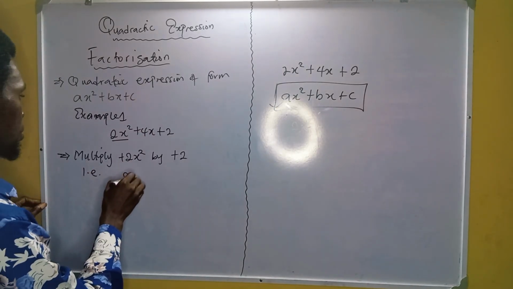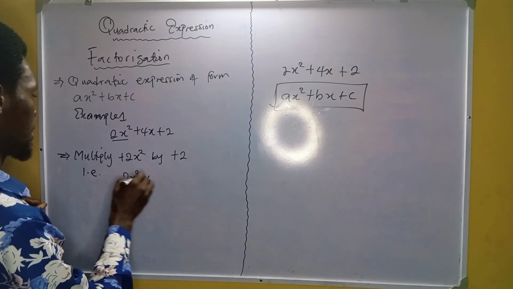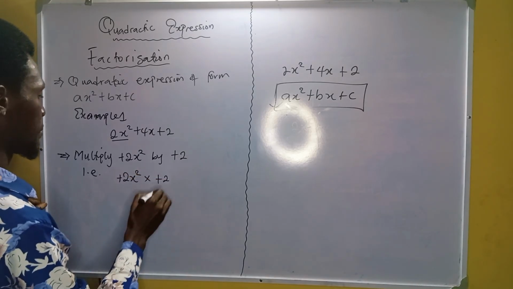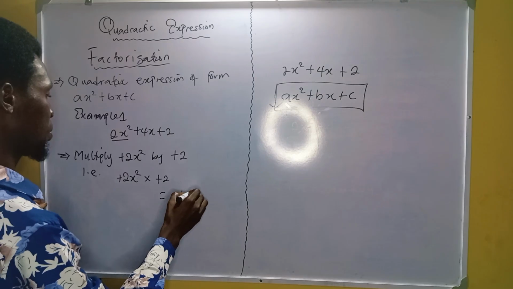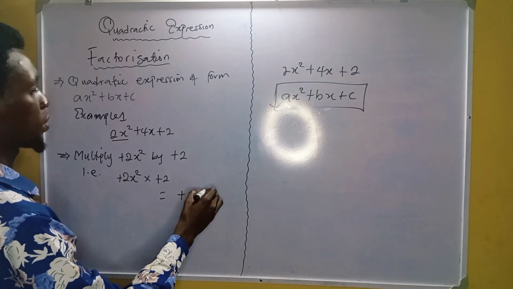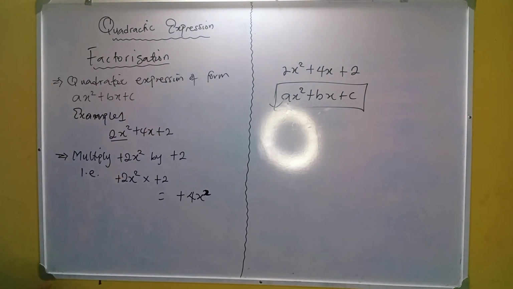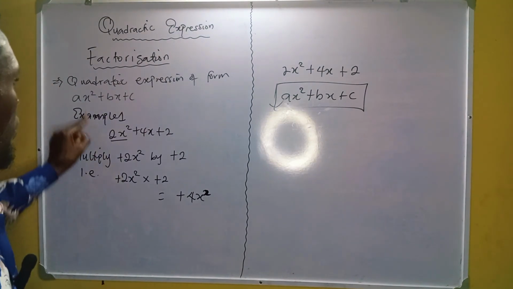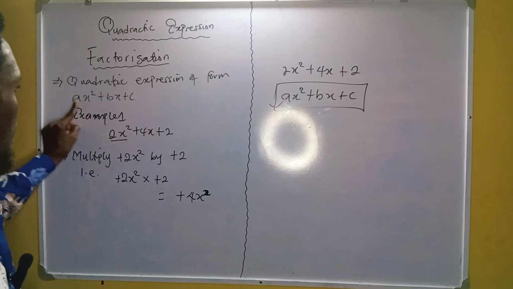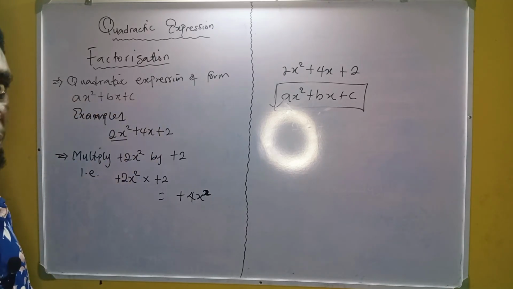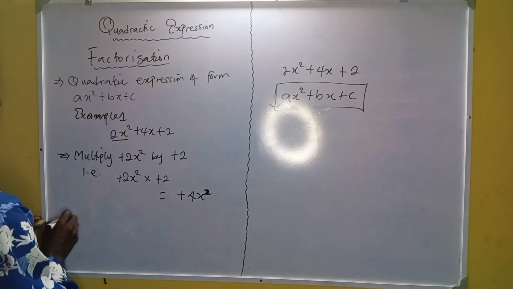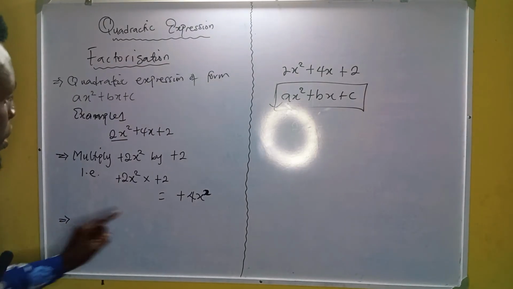You're going to say 2x squared times this, and you're going to get plus 4x squared. All right. Now, what you notice about this quadratic expression is that everything is positive.